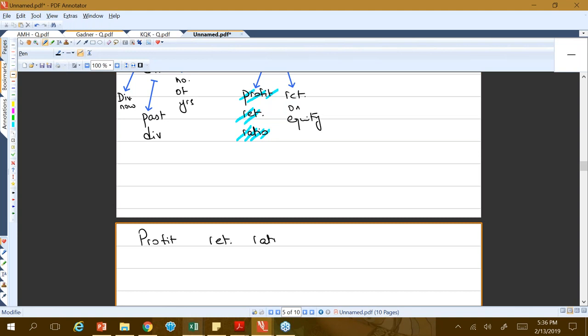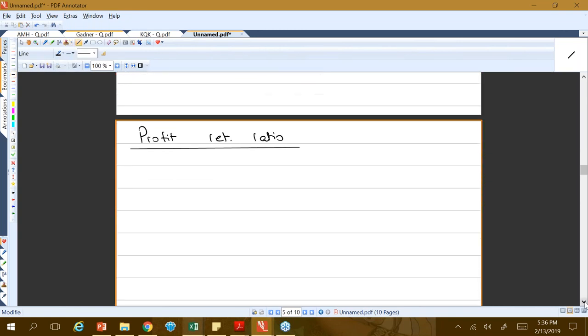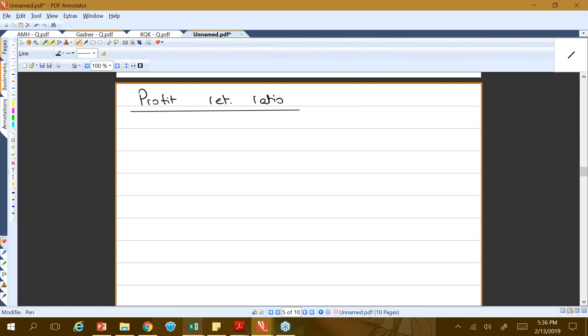Now, to think of the profit retention ratio, we need to have a little understanding of our P&L or the income statement. So I'll just put a little extract here where we take the sales minus the costs and we get our profit before interest and tax, or our operating profit.